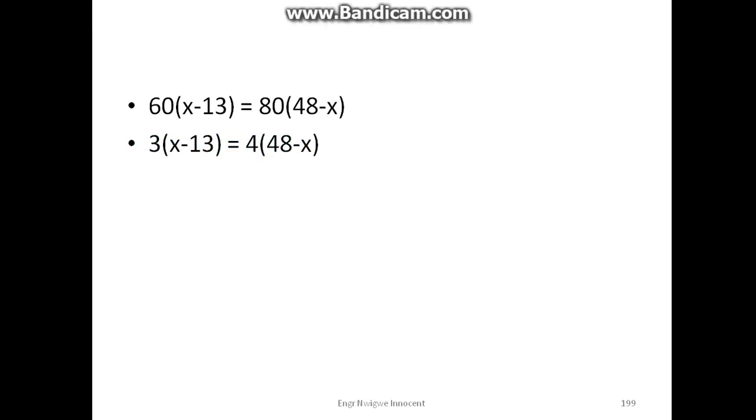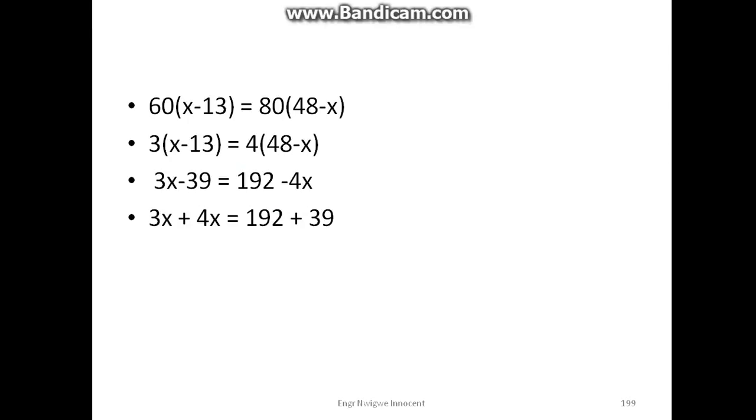Dividing both sides by 20, we have 3(x minus 13) equals 4(48 minus x). 3x minus 39 is equal to 192 minus 4x.